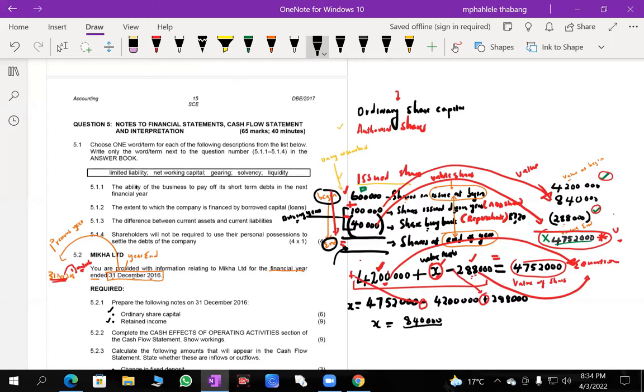So this is our ordinary share capital note. Even though now it's very ugly, it is correct.